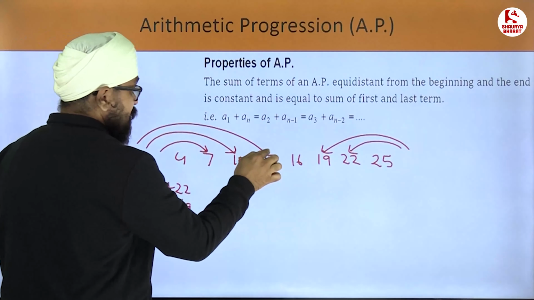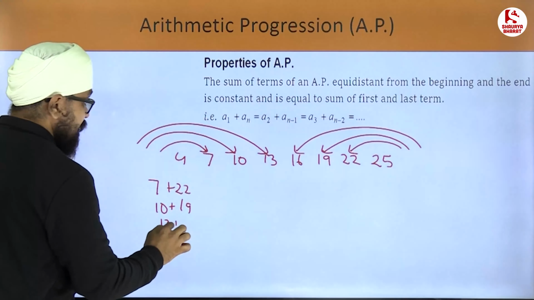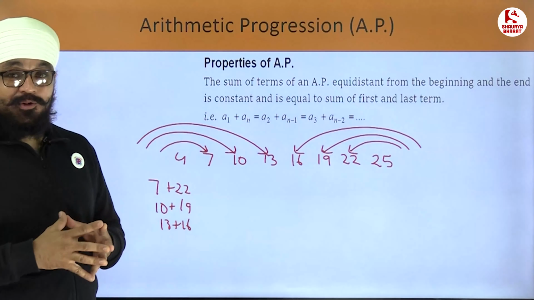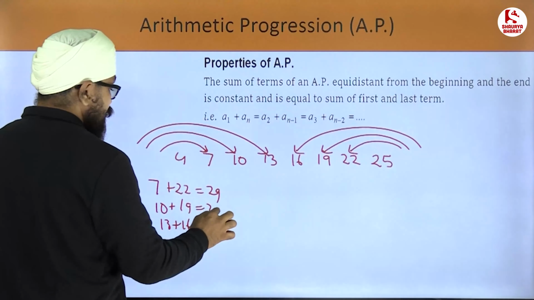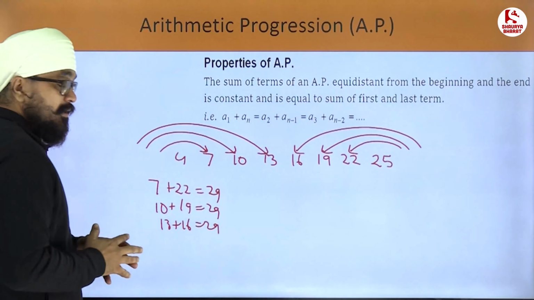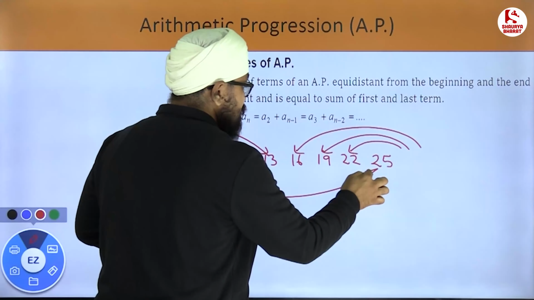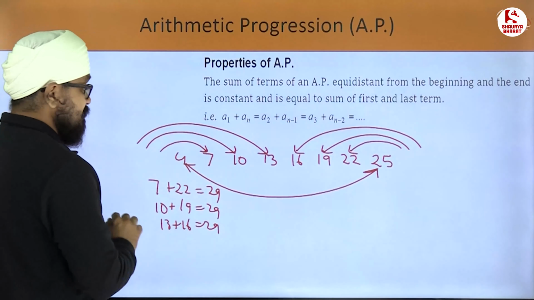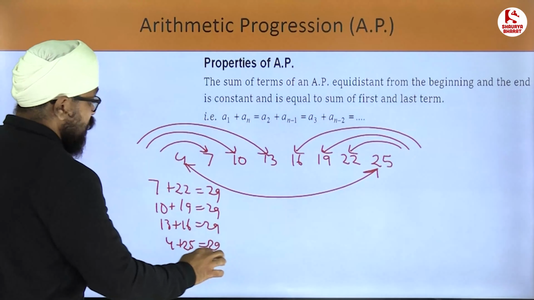If you take the fourth term from the beginning and the fourth term from the end, you will get 13 and 16. I might be saying I don't know, but we know that it is coming 29, it is coming 29, it is coming 29. This is the amazing fact about arithmetic progression. And what is the sum of the first and last one? You can see the first and last are 4 and 25, which is again 29.